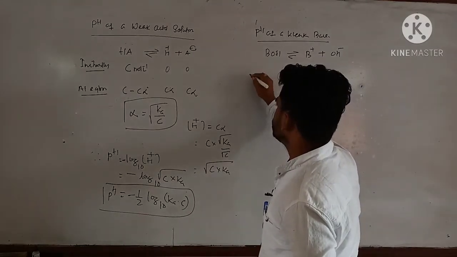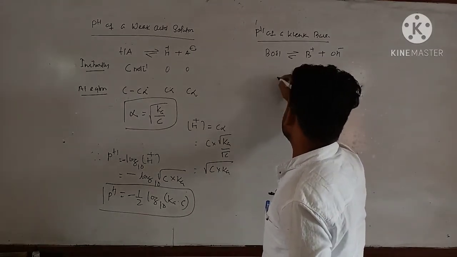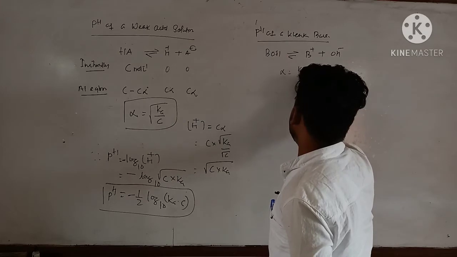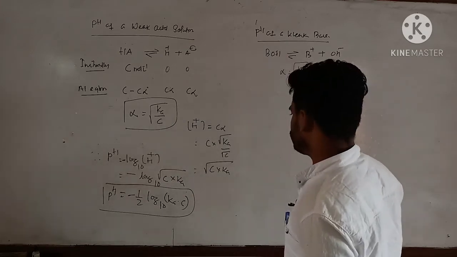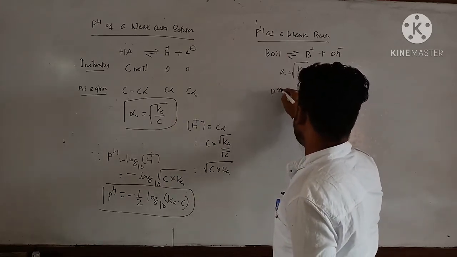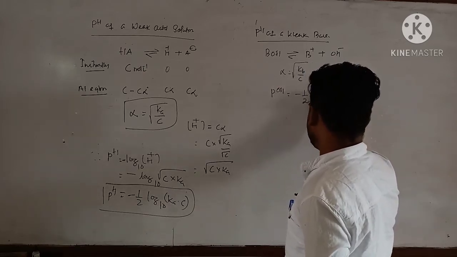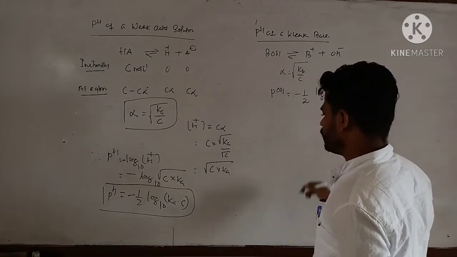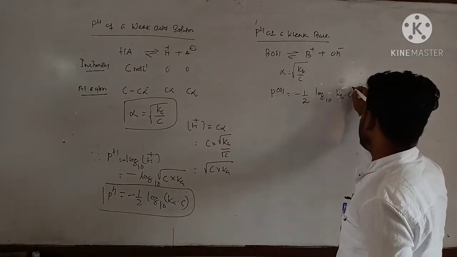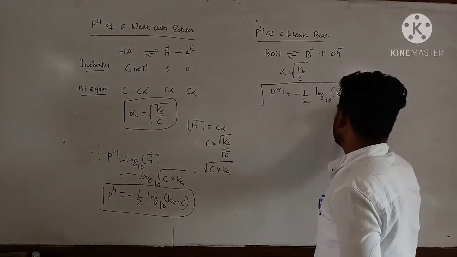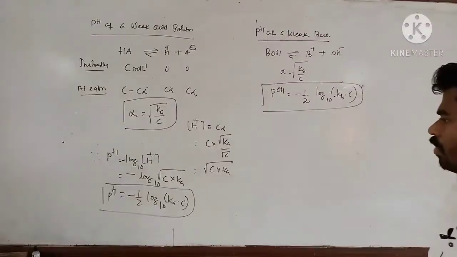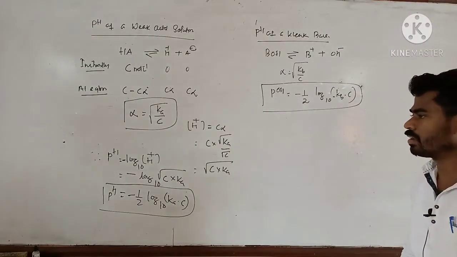Like that, I can write for this one alpha equal to root of Kb upon C. So directly I am writing pOH, which I will get as minus 1 by 2 log base 10 of Kb into C. This is for a weak base. Clear?